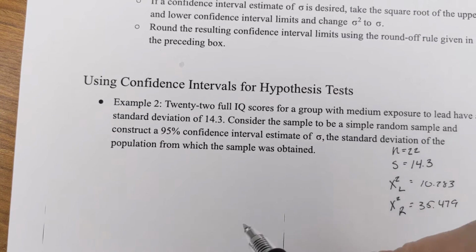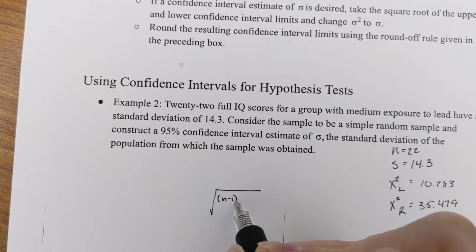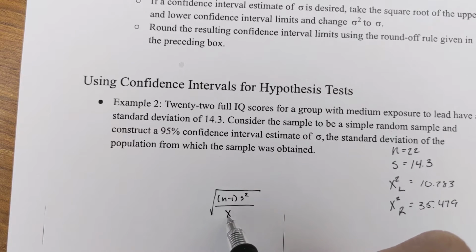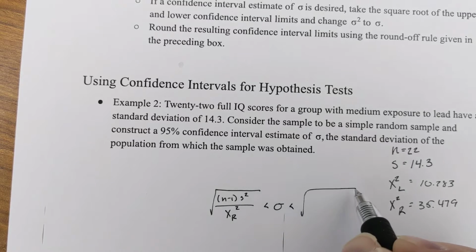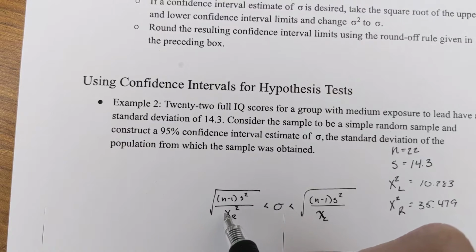Our formula is actually going to be the square root of n-1 times s squared over chi-squared R, less than sigma, less than the square root of n-1 times s squared over chi-squared L. It's hard to write chi's, so they look like x's.